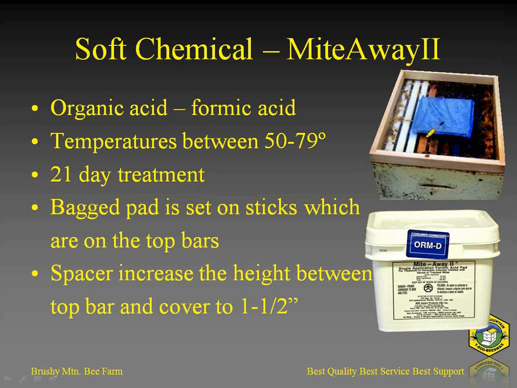And what you end up with is a 1/2 inch airspace below the pad, and once you apply the spacer, you'll have a 1/2 inch airspace above the pad, and that allows for the bees to fan the fumes and create good circulation as they try to evaporate the formic acid and drive the fumes from the colony. And as they do so, the formic concentration inside the colony actually does increase.